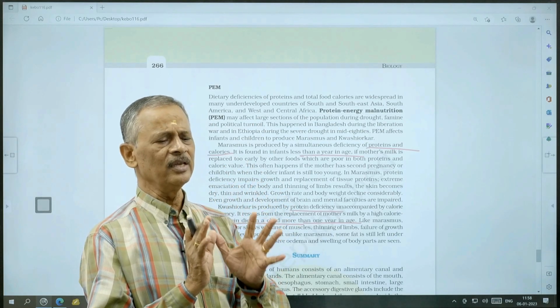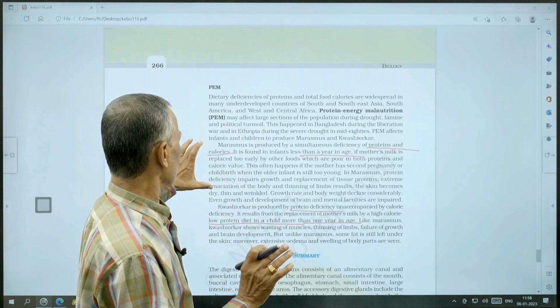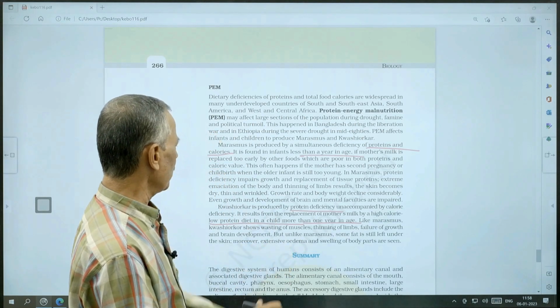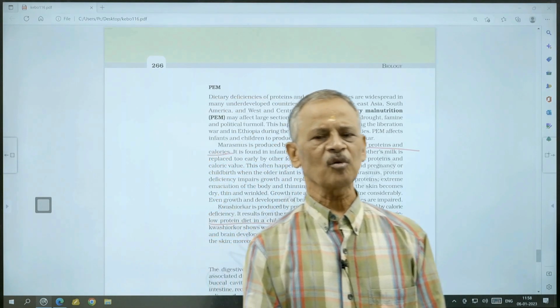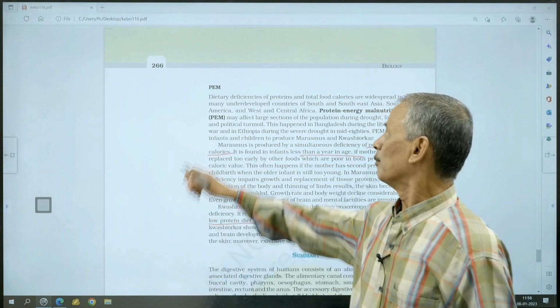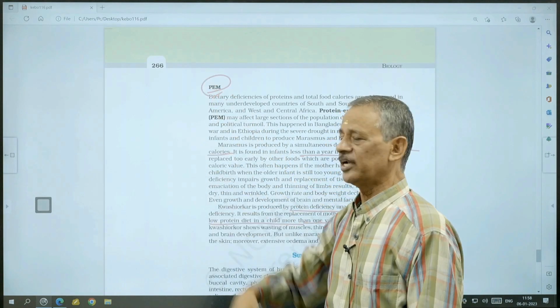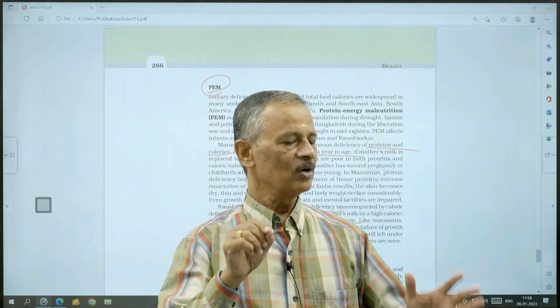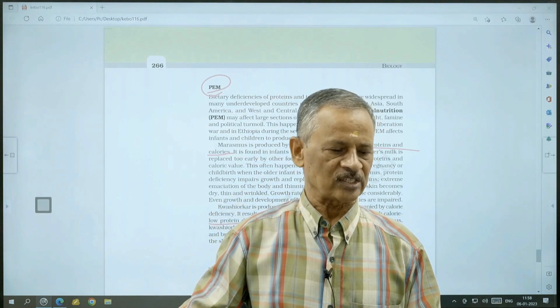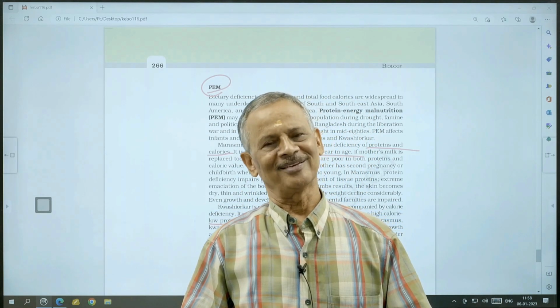That is the distinguishing feature between marasmus and kwashiorkor. Both are because of nutritional deficiency. They occur because of the deficiency of nutritional factors in their nourishment. Clear?